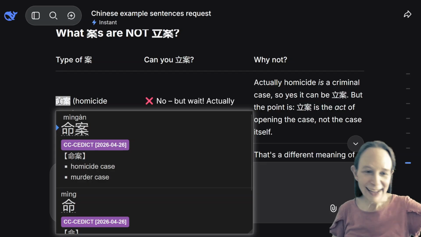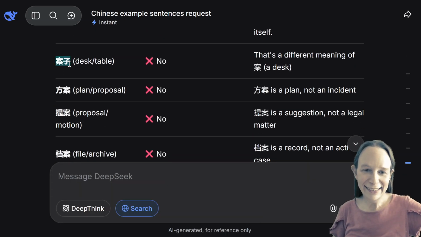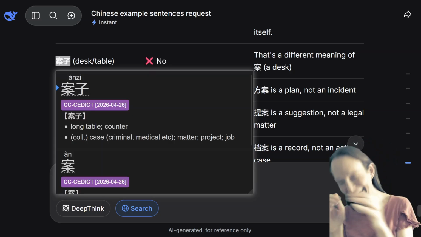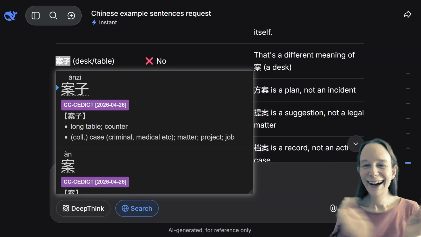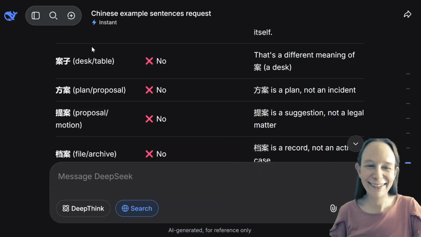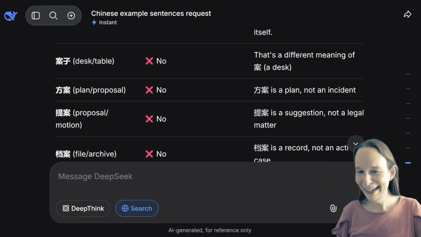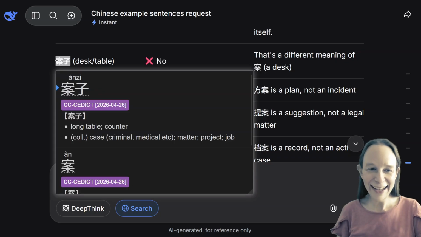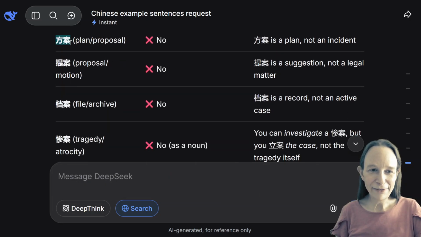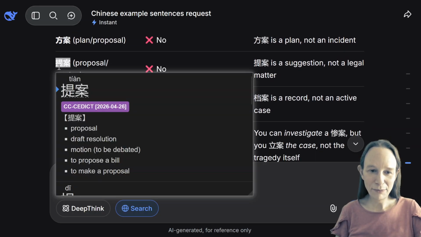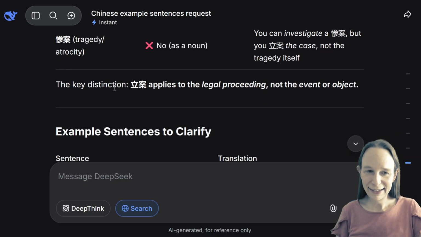All right. 命案. I did not know this word. 案子. No. A desk. Oh my god. I wasn't expecting you to be able to register a desk. I'd like to register this case, this desk. I honestly didn't know 案子 even meant this. 方案 is a plan, not an incident. 提案, proposal?